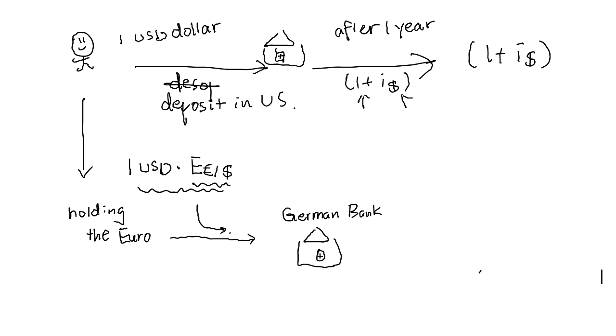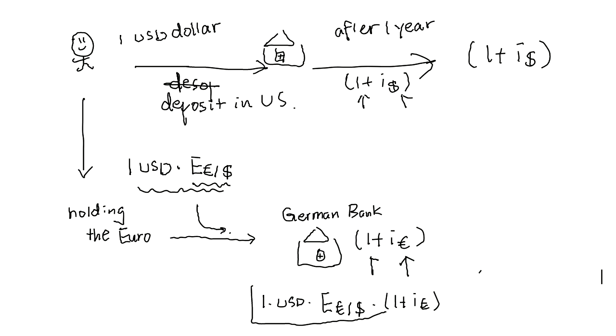You send it to a German bank, and the German bank is supposed to give you the interest as well. So you have the principal, you have the interest, right? So after a year, you will get this amount of euro, right? So this is in terms of the euro.